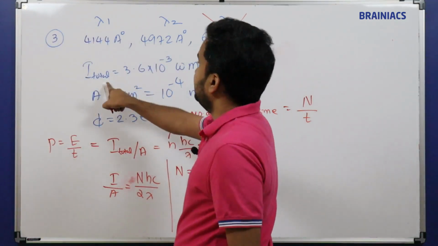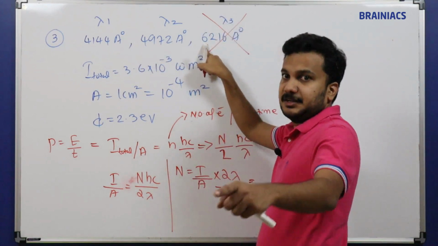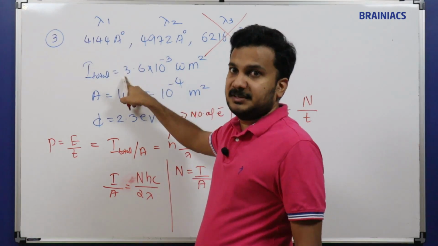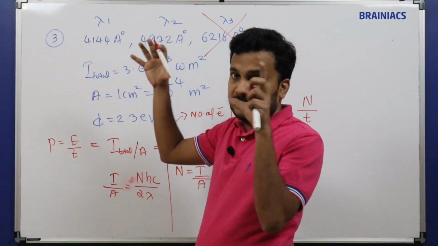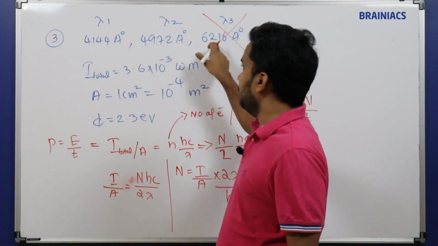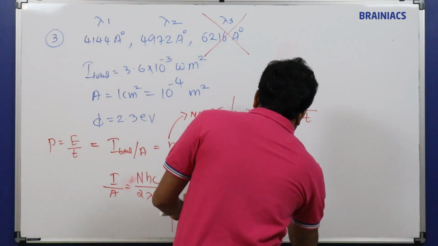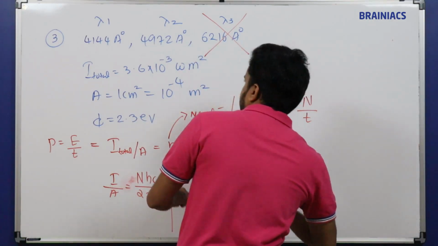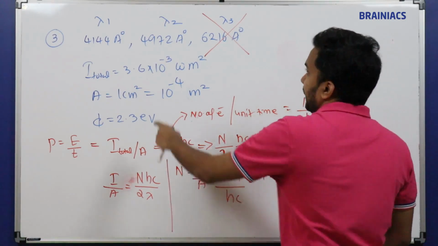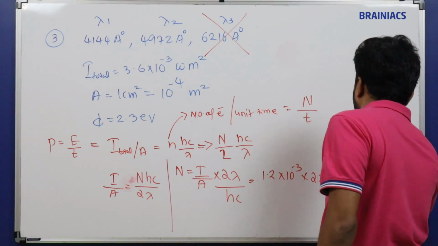Intensity, see, this is the intensity for all the 3 radiations, that is the given total intensity. But for one radiation, how much will be the intensity? Total 3 will have this intensity, so for each one it is 1.2, 1.2 and 1.2. So here I will be equal to 1.2 into 10 power minus 3, substituted into 2 into lambda value 4144 angstrom.